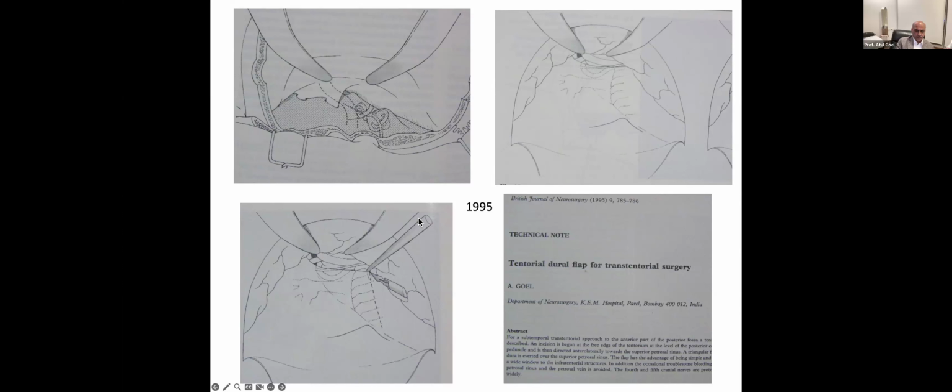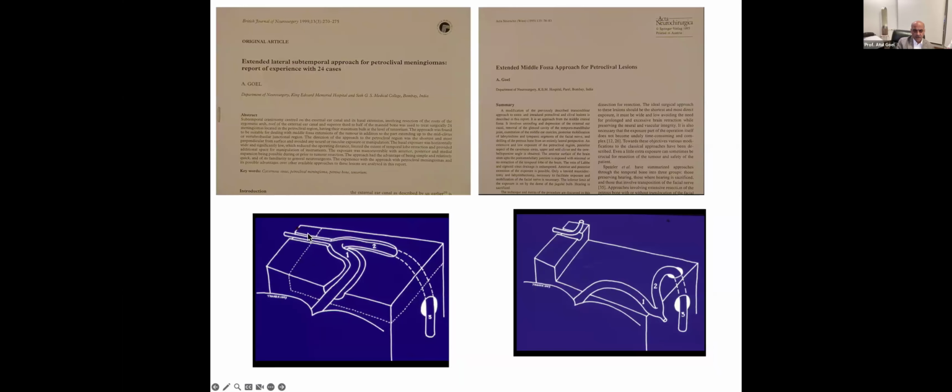Then, of course, we did this. You can imagine this fantastic extension of Kawase's exposure. This is the GSPN. This is the labyrinthine part of the facial nerve, tympanic part, mastoid part. Cut the GSPN, rotate the facial nerve, and then do.